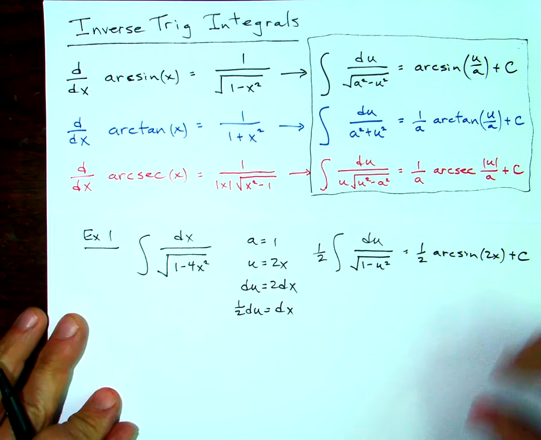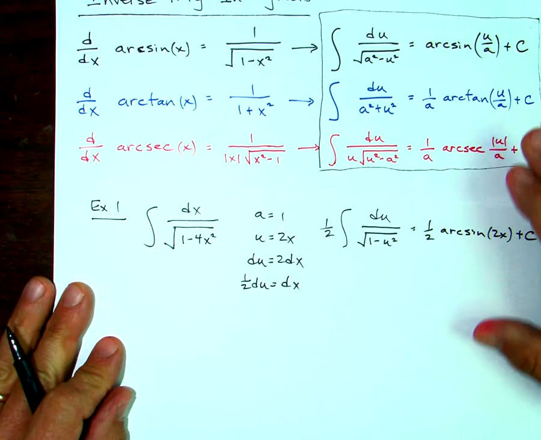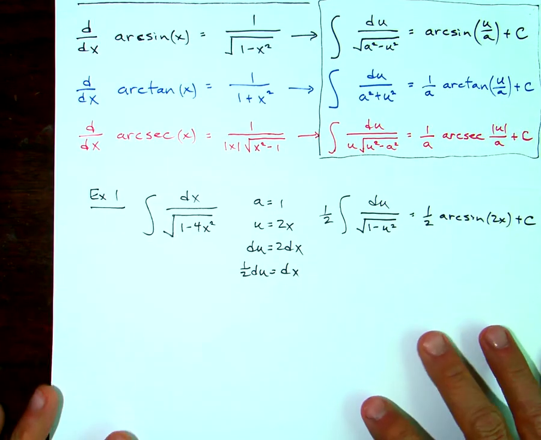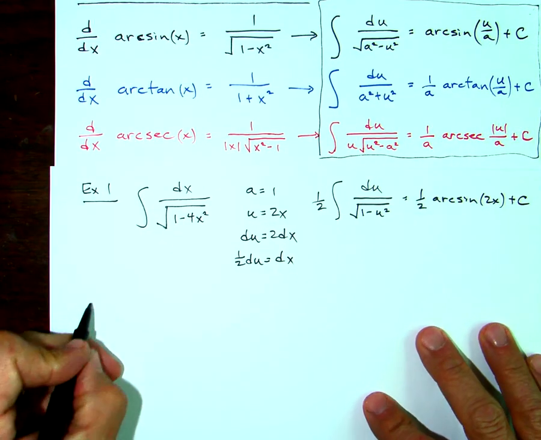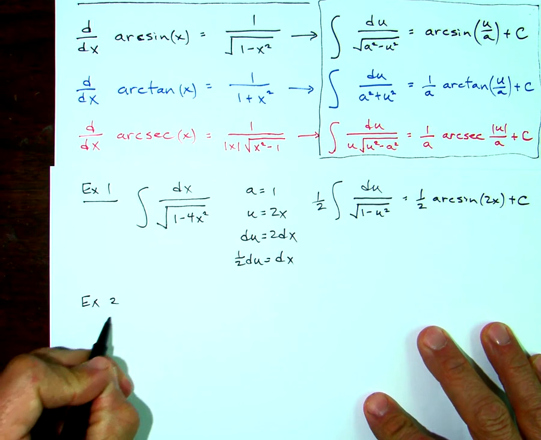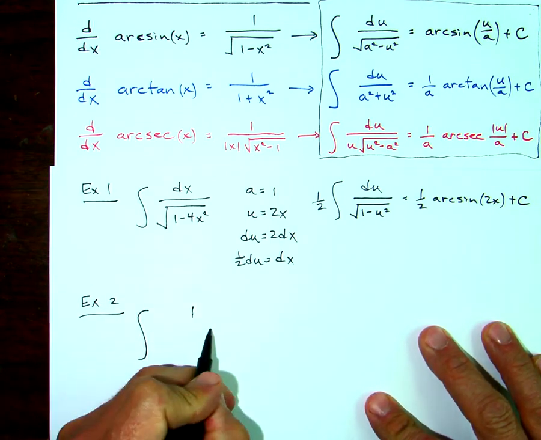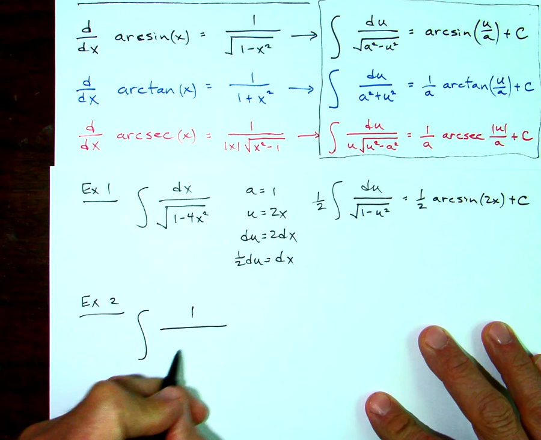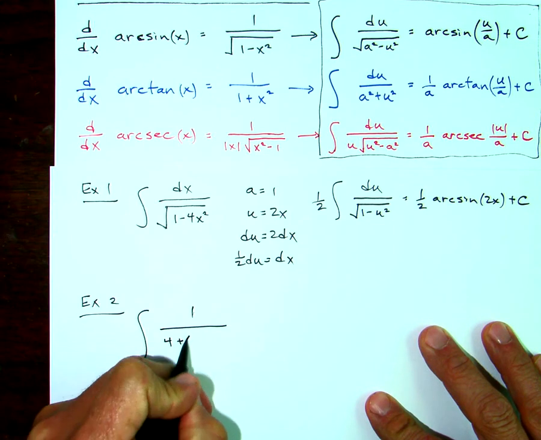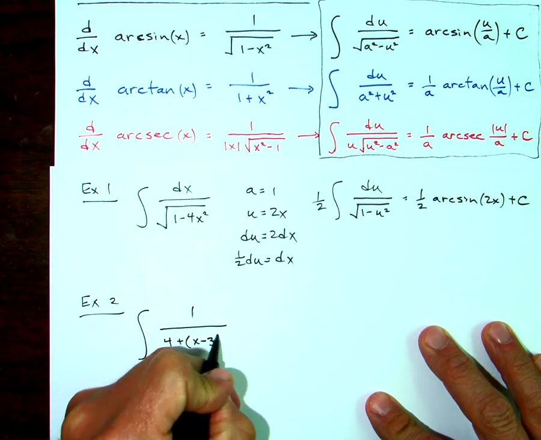Let's look at something that is maybe a little bit more complex. Second example, let's look at something like 1 over the square root of 4 plus x minus 3 squared.